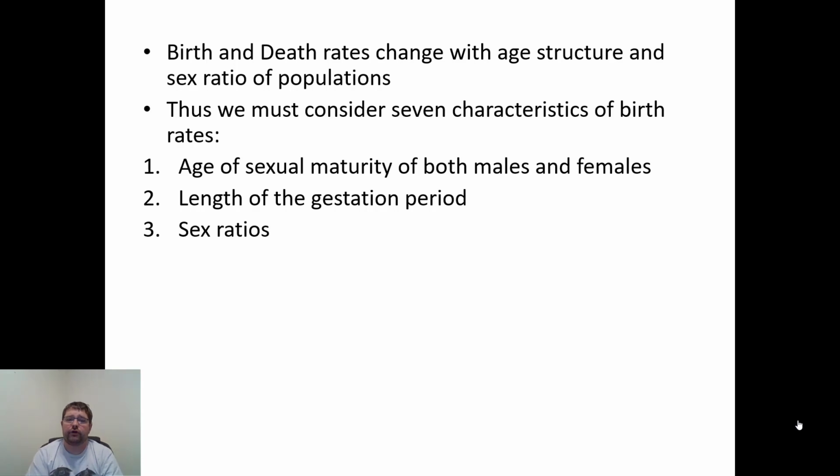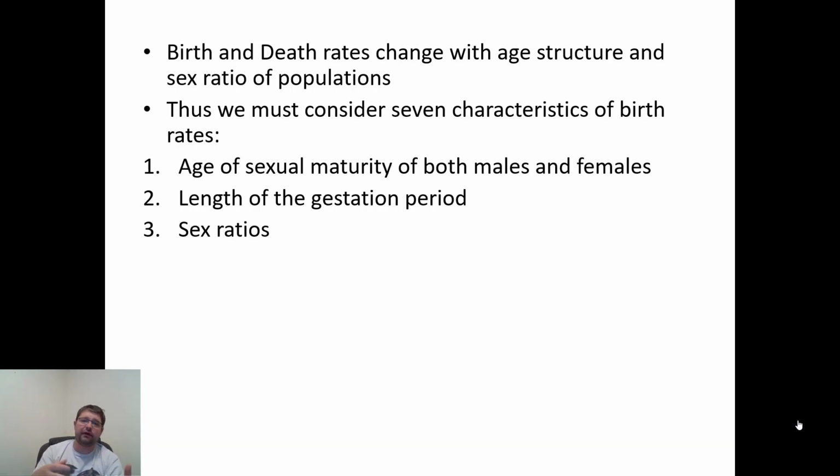Sex ratios, okay, so how many males are there to females in the population? This is important because in some species it's a 1-to-1 kind of relationship, so one male fertilizes a single female. In other species, you might have one male that fertilizes a bunch of females, and even in other species, you might have a single female for a bunch of males.